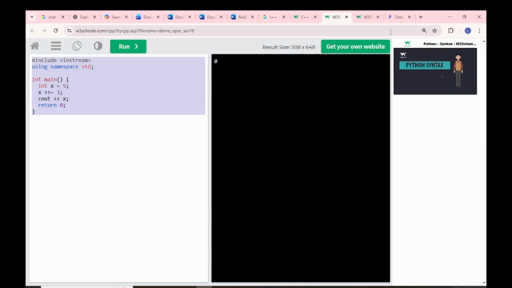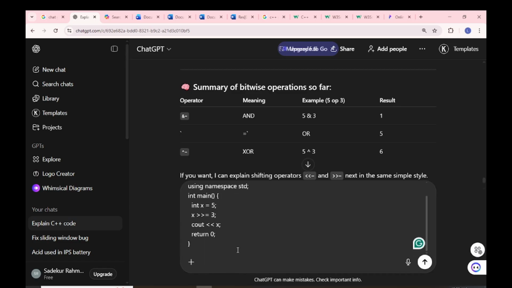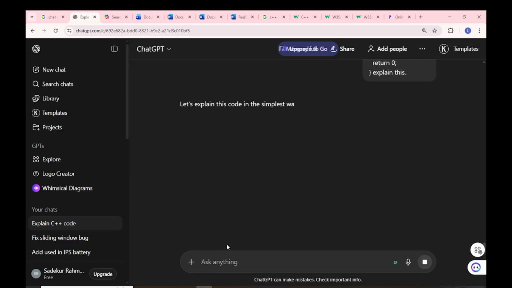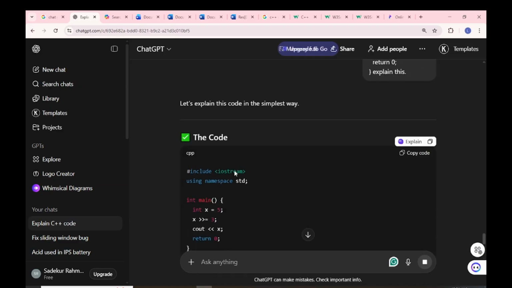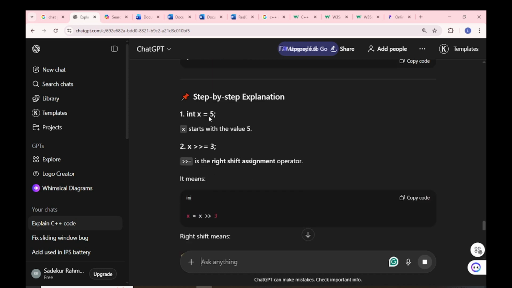So we need to clarify this thing too. x equal to 5. Okay, step by step explanation. Integer x equal 5, x starts with the value of 5, right?